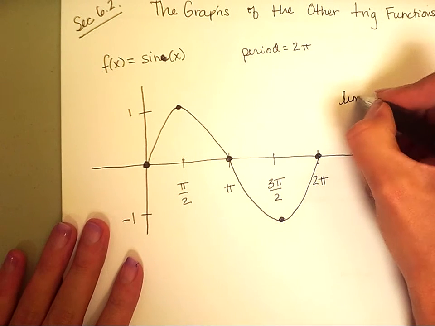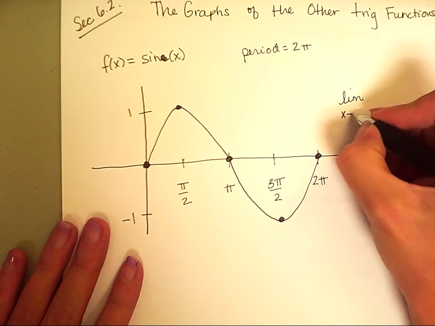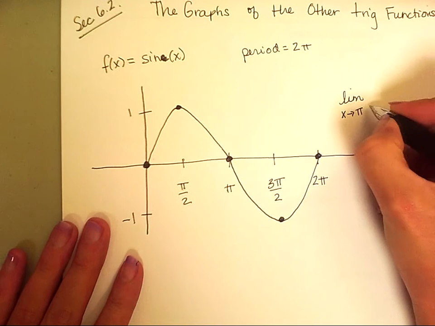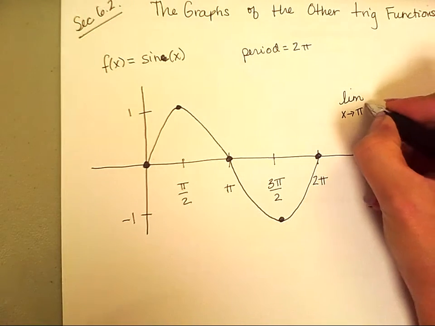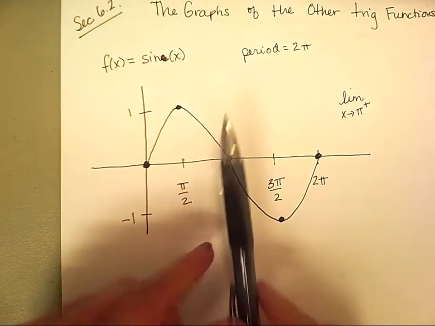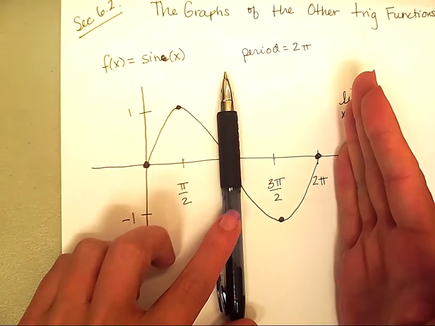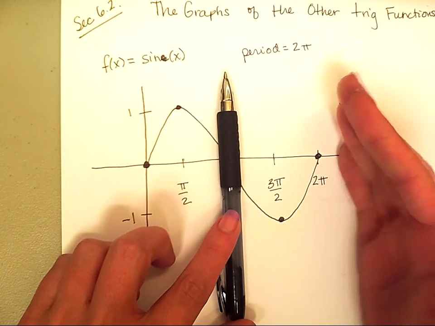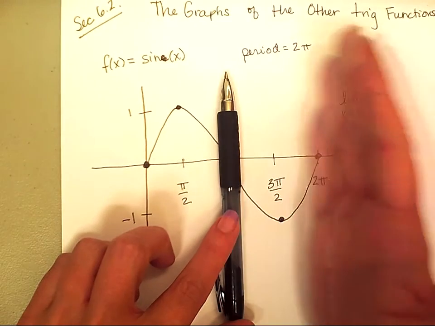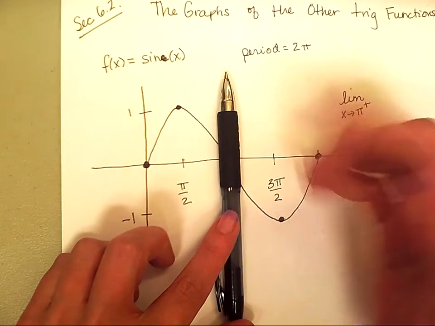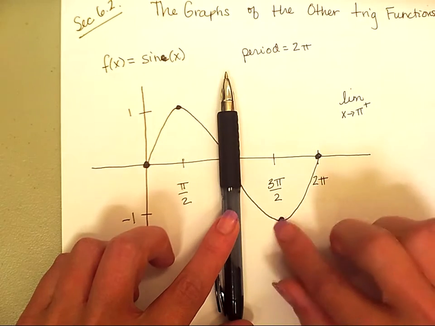Okay. Let's look at the limit as x approaches pi from the right. Okay. So now here is pi. I want to be to the right of that. And what's happening to the function? Well, when we're looking at limits, let's just stay in this little area.